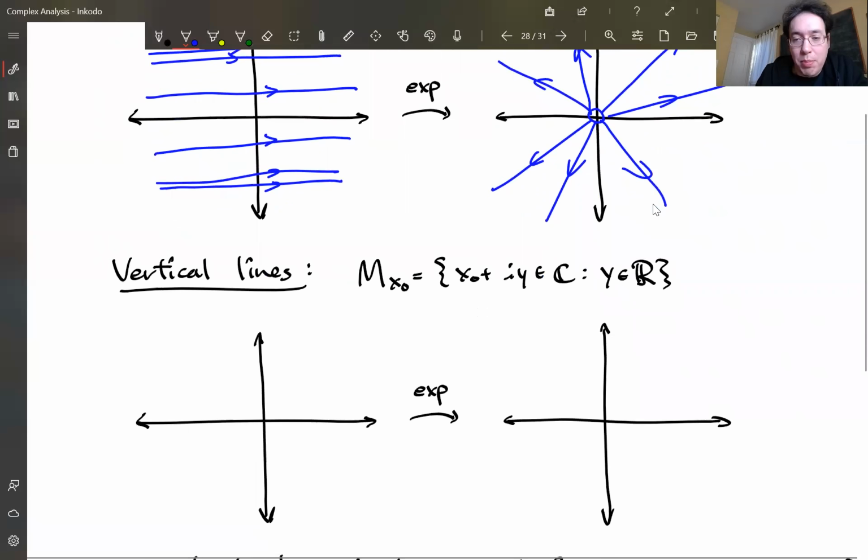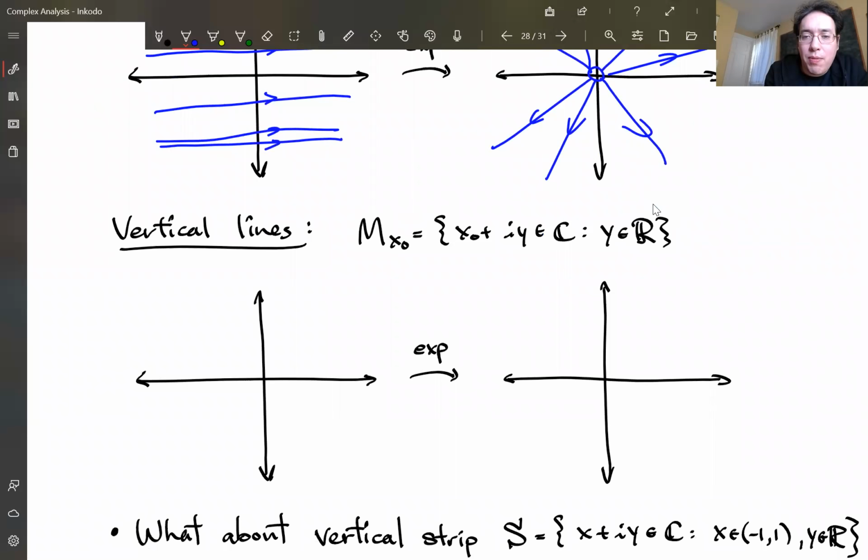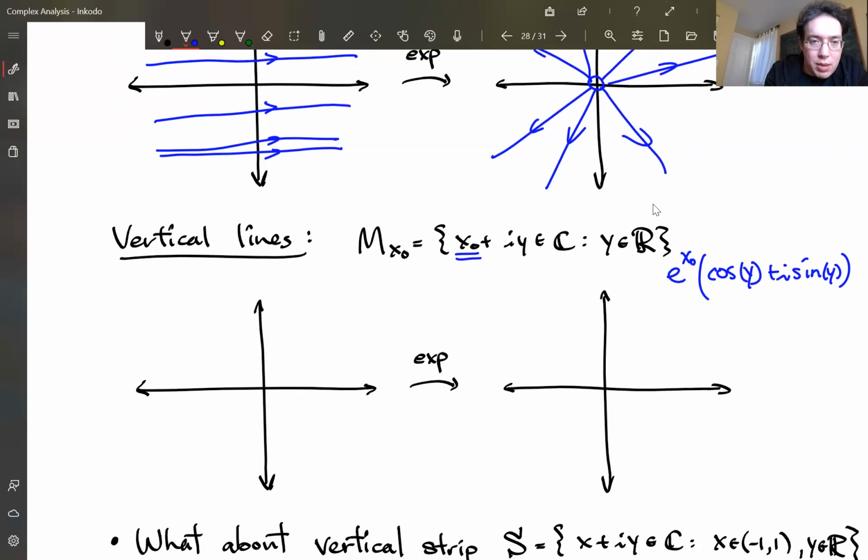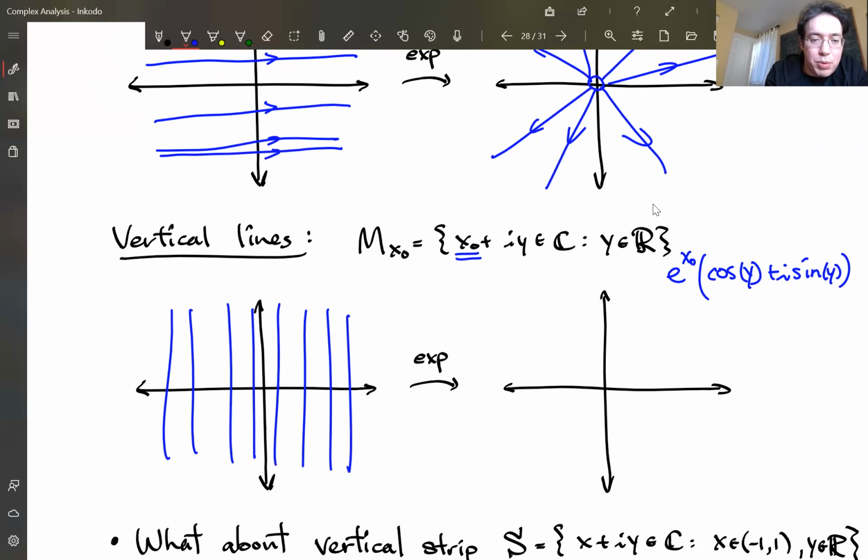Let's see what happens with vertical lines. So now we're fixing a particular x naught, right? So here, the modulus is fixed, but the argument is allowed to vary. So lines that look like this in the input. All of these vertical lines will correspond to a particular modulus.